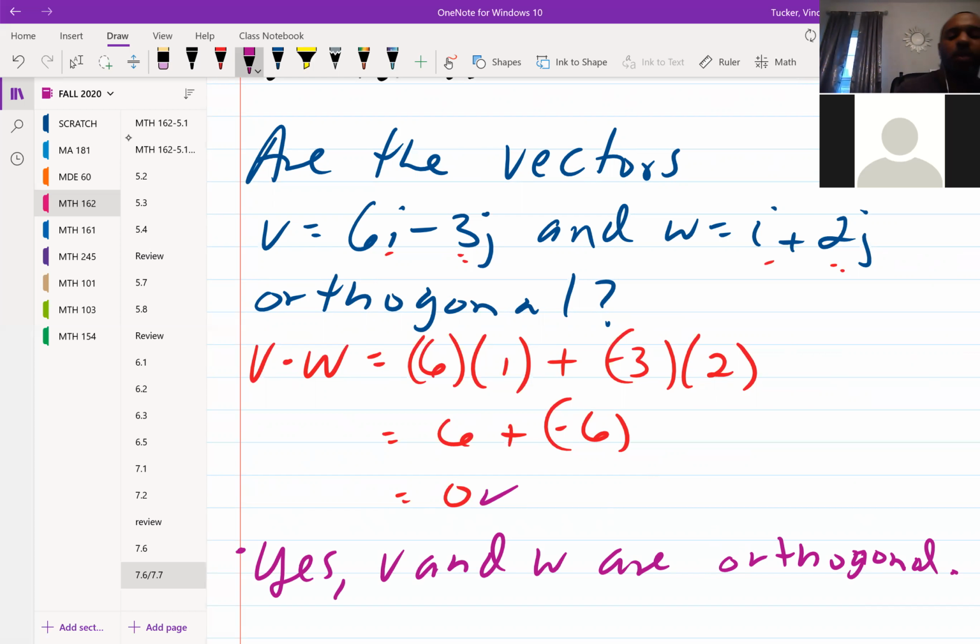So since we got 0 there, V and W are orthogonal.